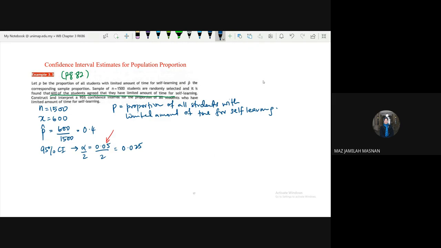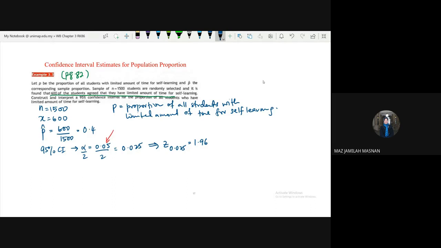So for z alpha of 0.025, it is given by 1.96. So write down everything in terms of the CI.